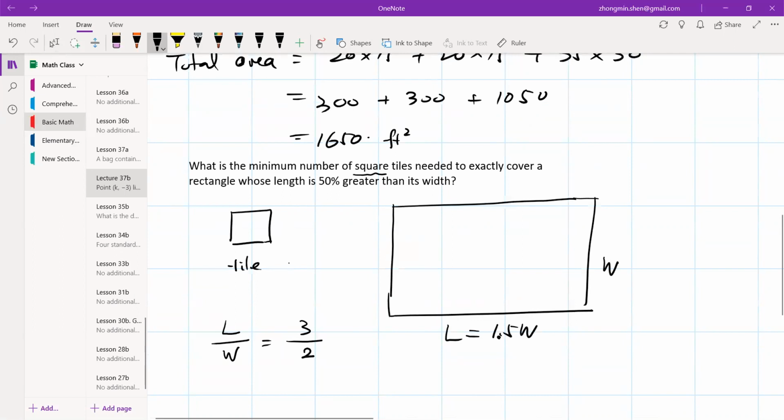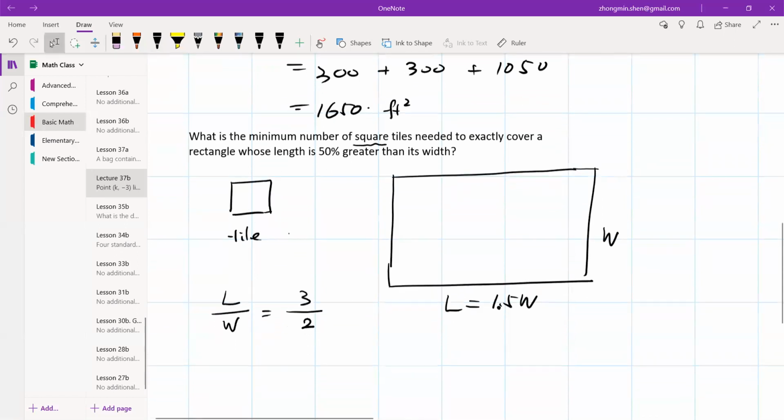So the smaller the rectangle, the fewer tiles you need, right? The smallest possible rectangle for you should have 2 tiles on one side and 3 tiles on the horizontal side.